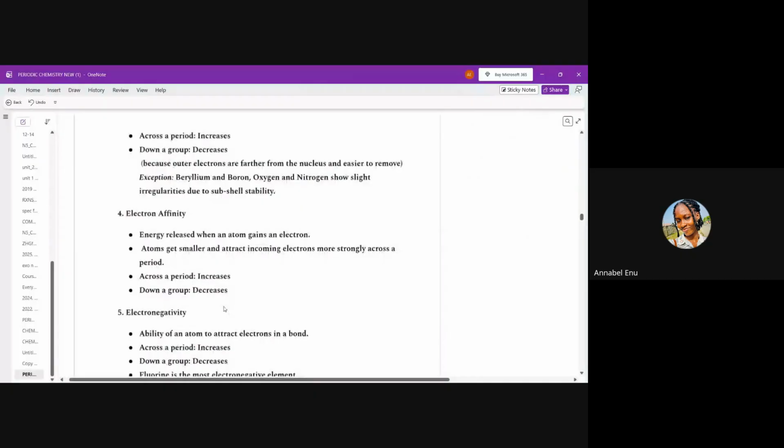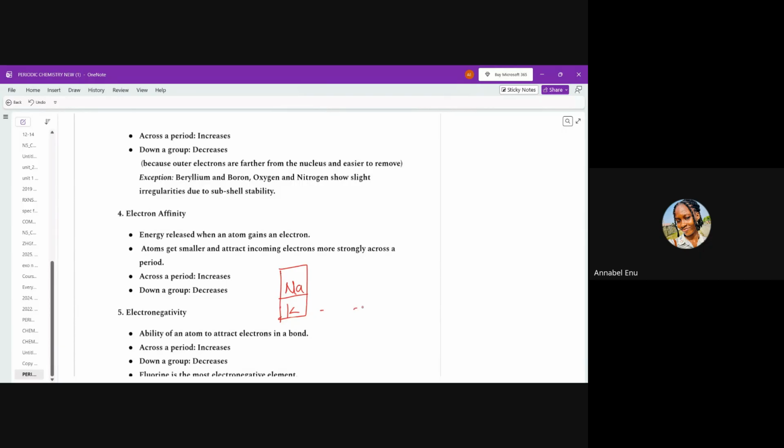Now, electron affinity is the tendency or ability of an element to attract electrons. So electron affinity would increase across a period. On this side of the periodic table, we have something like sodium, for example. I like using sodium because it's the first group one element that comes to mind. Okay, let's say potassium.